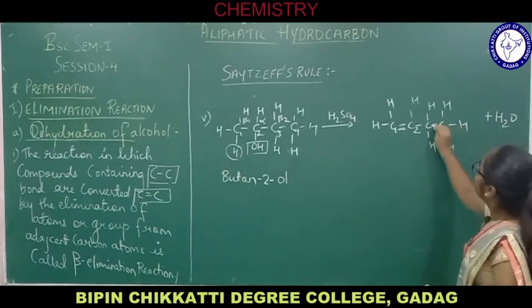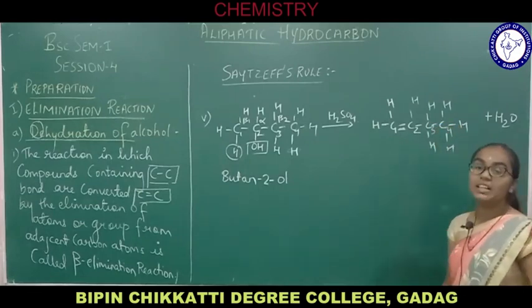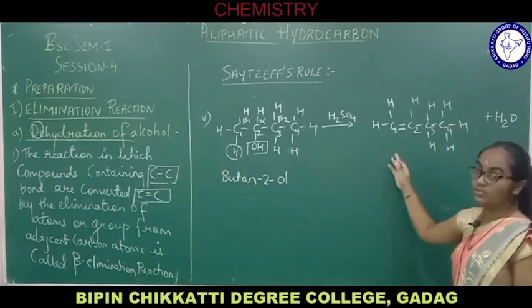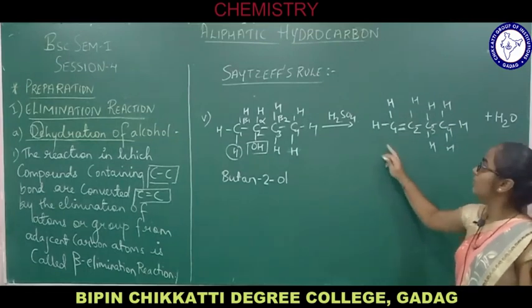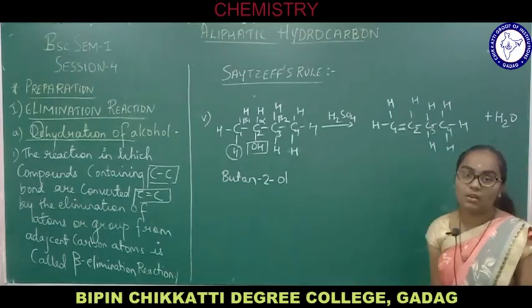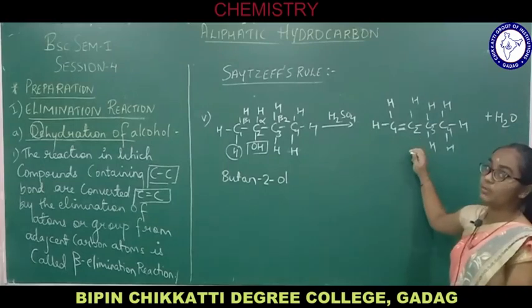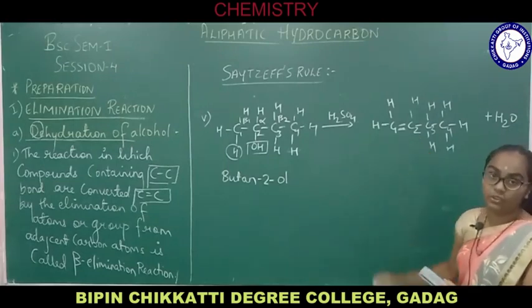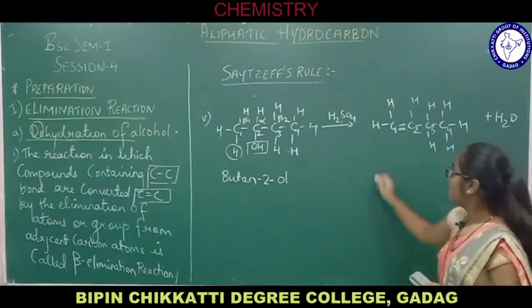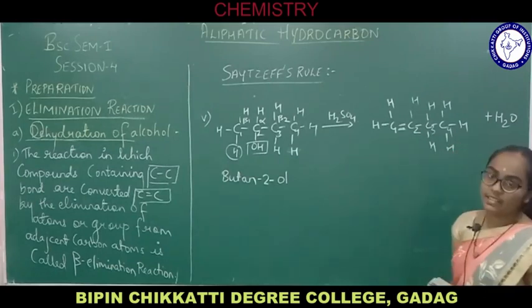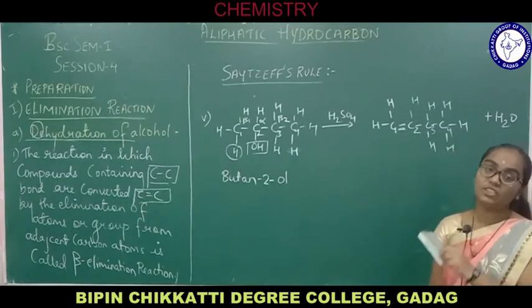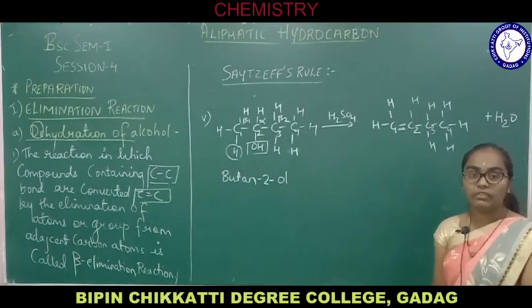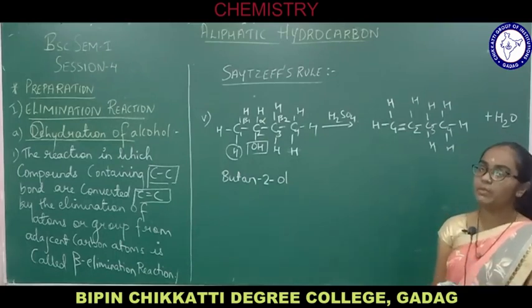Now if this is the case, what will be the name for this compound, the product or the alkene which has been formed? Because from the single bonded compound it has been converted into a double bonded olefin. Since 4 carbons will be present in this product, the name of this alkene will be butene.